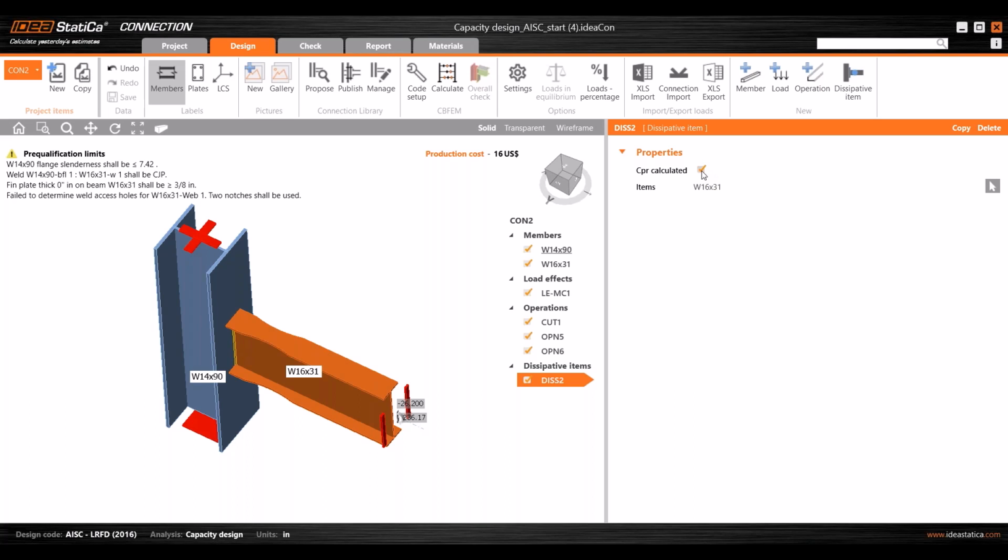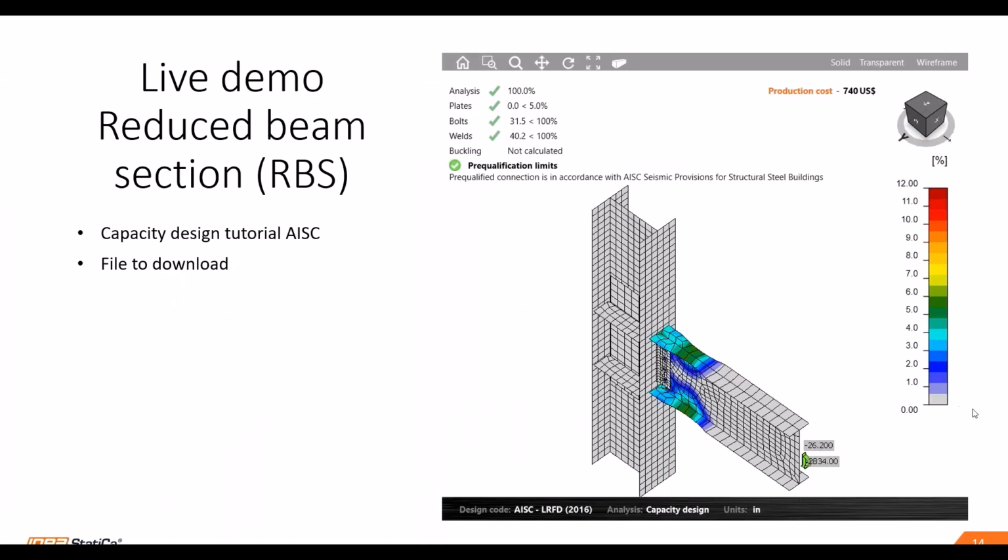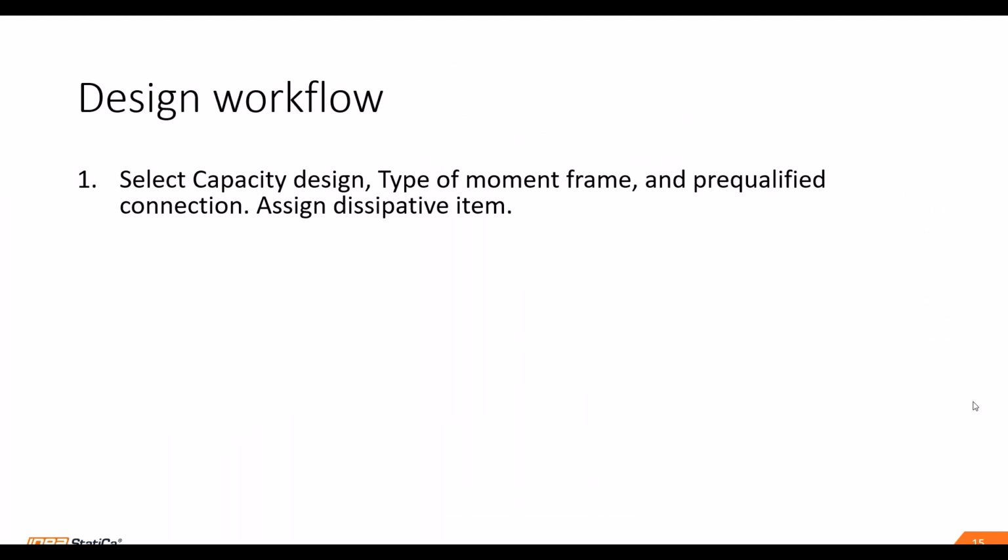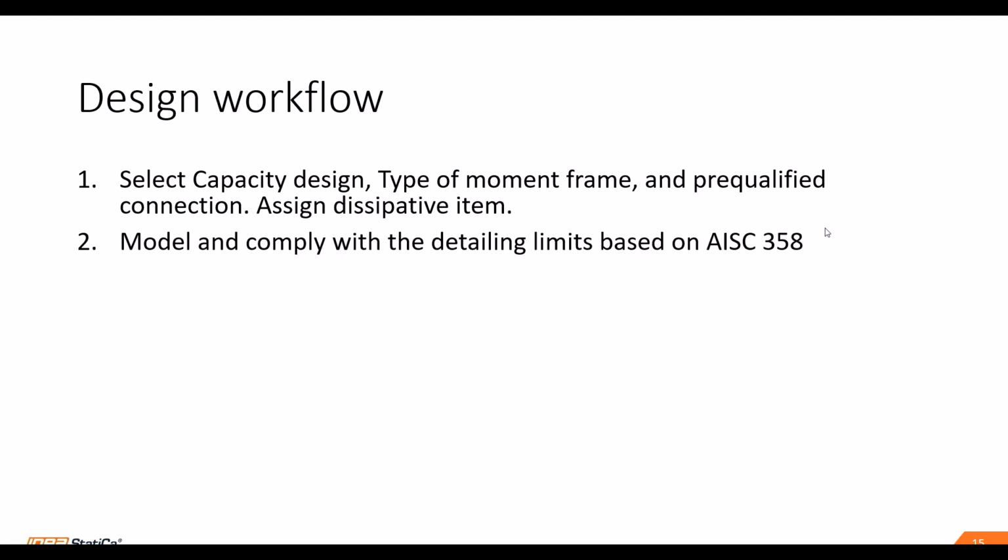If you want to input your own CPR factor, you uncheck it and you input that value over there, okay? So that's the first step. I listed the design workflow over here. Select capacity design, type of moment frame, and prequalified connection, and assign a dissipative item, okay?